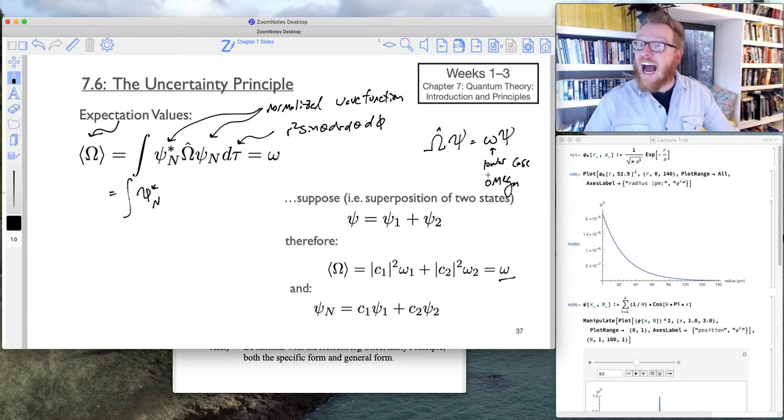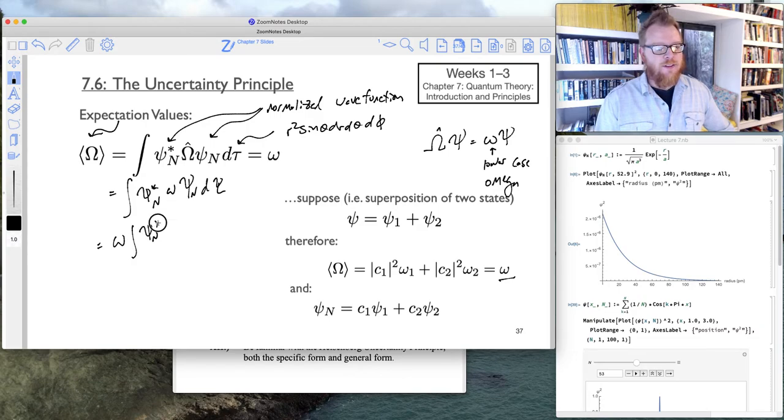lowercase omega, which is the eigenvalue. And we know now that's a real number. Okay. So I can replace that with lowercase omega psi n d tau. All right. And because we know omega is a real number and it's a constant, I can pull that out of the integrand. And so this goes now psi star n psi n d tau.